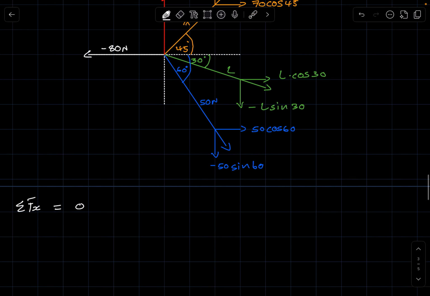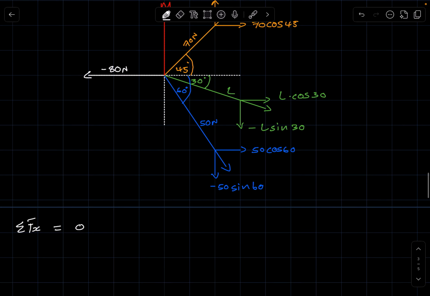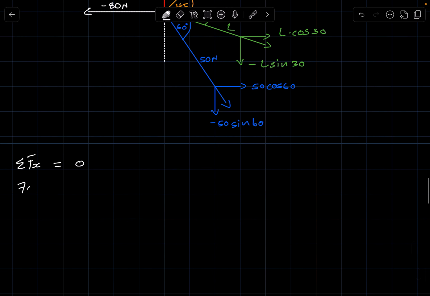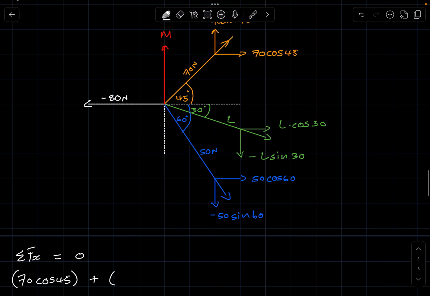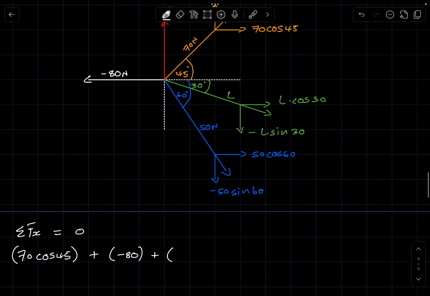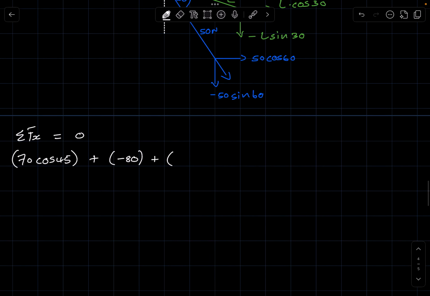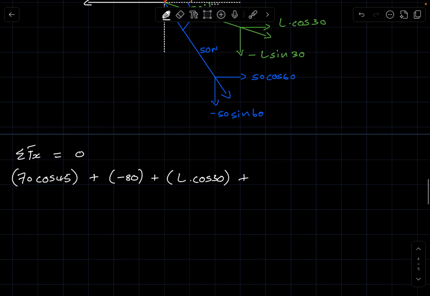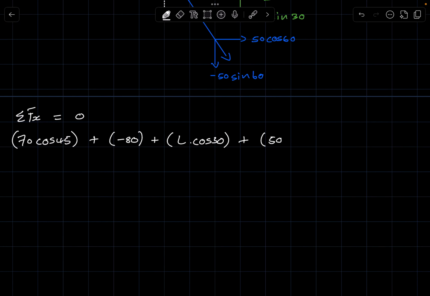Now, we add up our horizontal components. So you have the 70 cos 45 plus the negative 80, so negative 80 plus next force is L. Component of L in the x direction is positive L cos 30 plus the 50 cos 60.